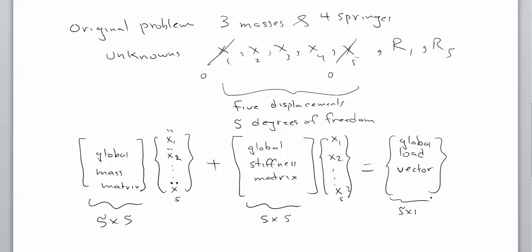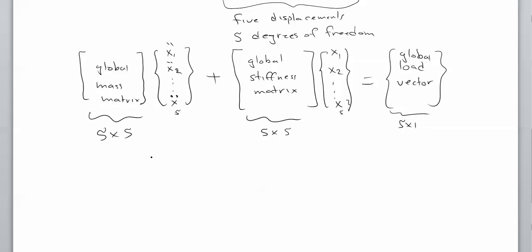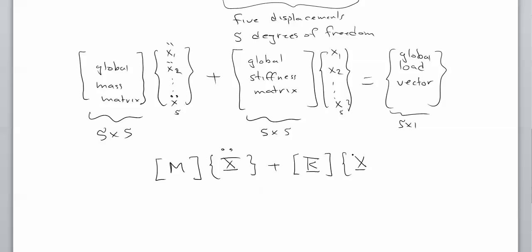And this process that I'm going to be describing to you is going to be called the assembly process. Incidentally, very frequently people write this in an abbreviated form. They write the mass matrix times the global acceleration vector plus the stiffness matrix times the global displacement vector equal to some global load vector.